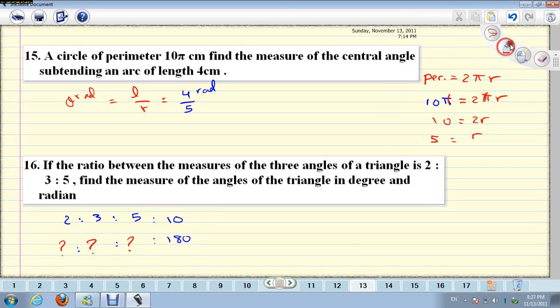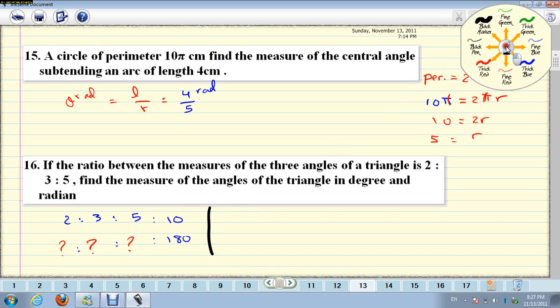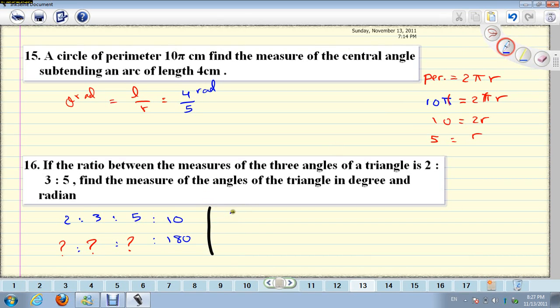And if I wanted to do it in rad, you can convert each one to rad, or simply you can make another table, 2 to 3 to 5 to 10, and the sum of the angles in circular measure, in rad measure, is not 180, it will be 3.14.